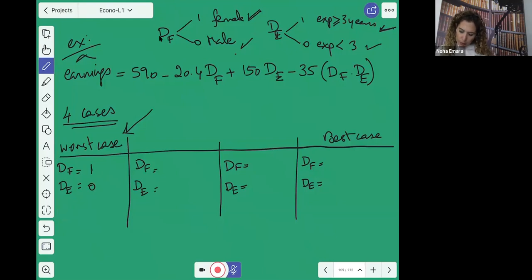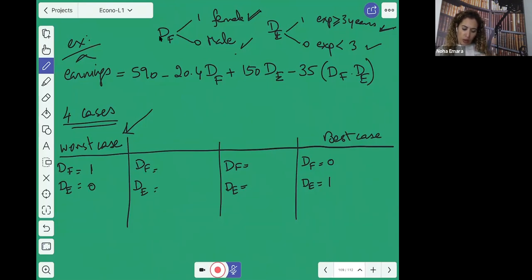And then this definitely would be a male with more than 3 experience. And then I have 2 intermediate cases in between, where we are not 100% sure which one is stronger: is it female or experience, which is the stronger factor?